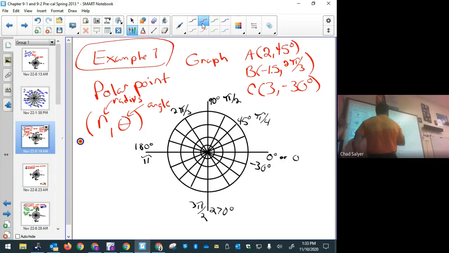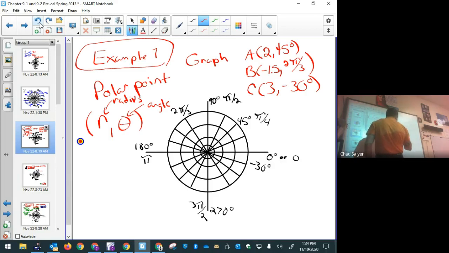So (2, 45°). 2 units means I'm going to come out and be somewhere on this circle, 2 units away from the center, because I've got 2 units of radius. And I'm going to be on the 45-degree angle.